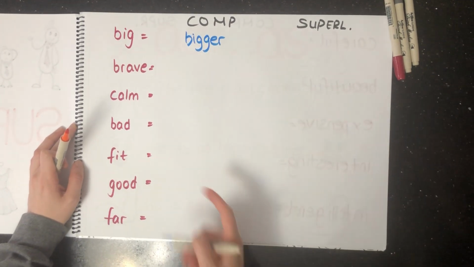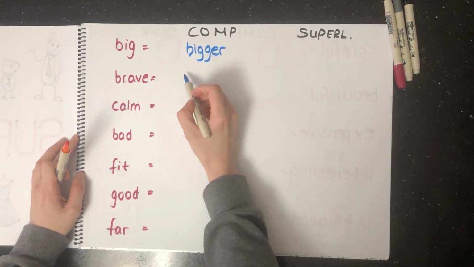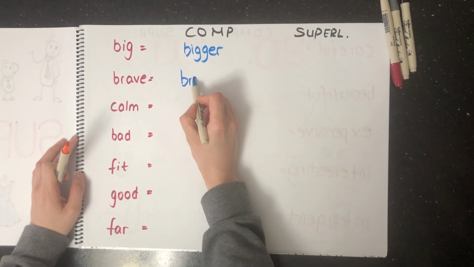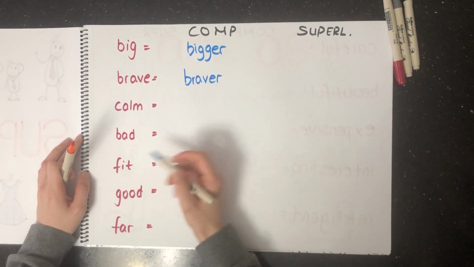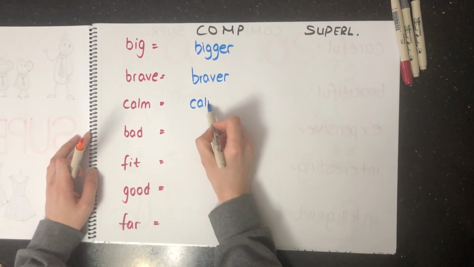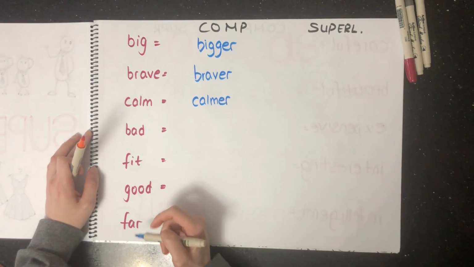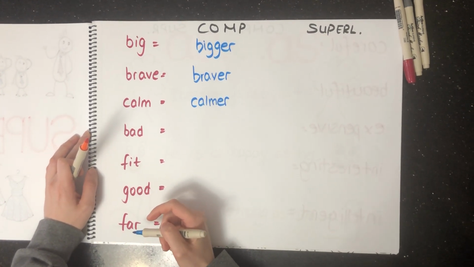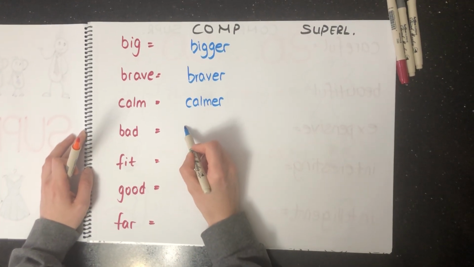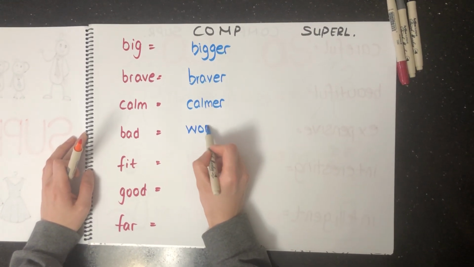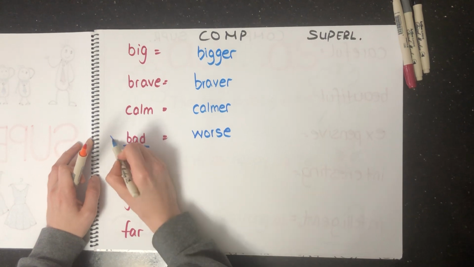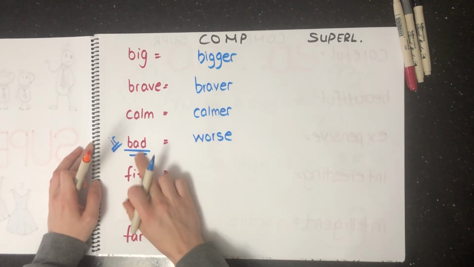Let's first do the comparative. Bigger. Brave? Yes. Braver. Calm? Calmer. Bad? Do we say better? No, of course not. We say worse. Because this is irregular. Irregular.